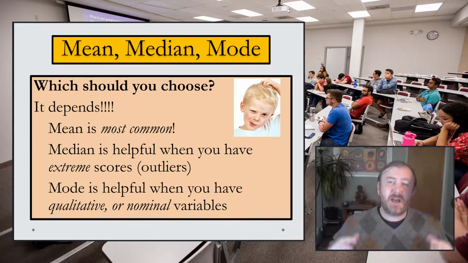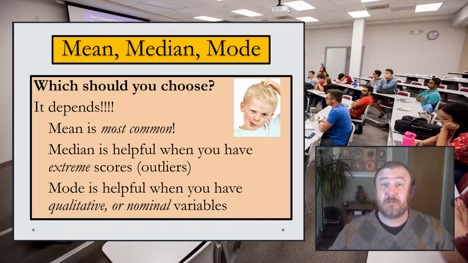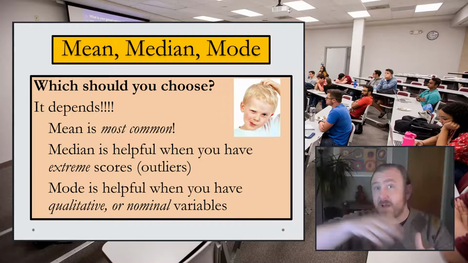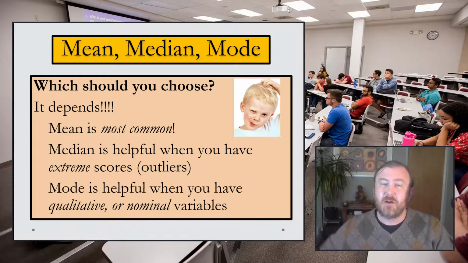If the distribution is highly skewed, meaning, so skewness is a deviation from symmetry, where one tail is pulled out in the direction of some outlier, right? So it's not a mirror image of itself.